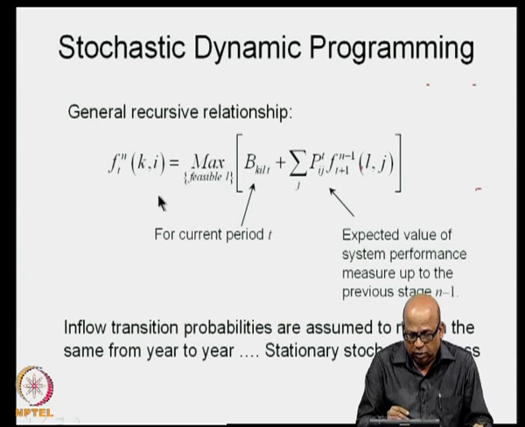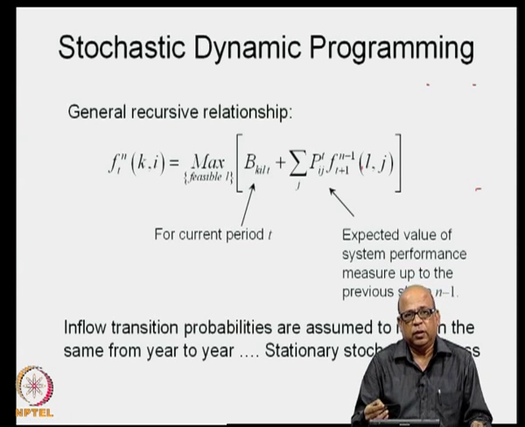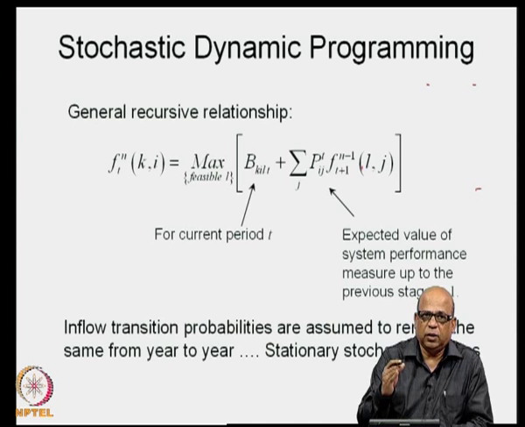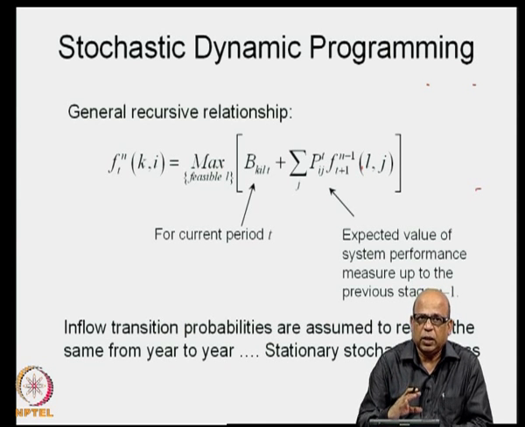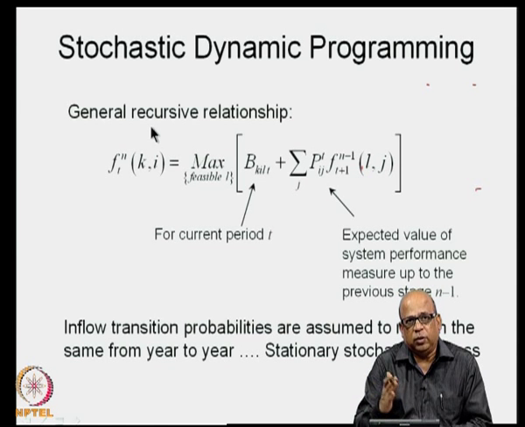Okay, now, we started with the last time period in some distant year, and then started progressing in the backward direction, and every time we added one stage and then solved the problem for that particular stage using the recursive relationship. So, you keep on doing this.